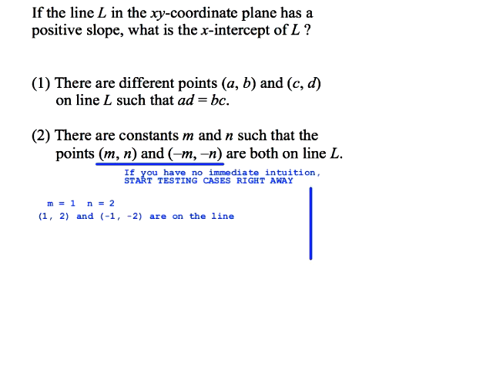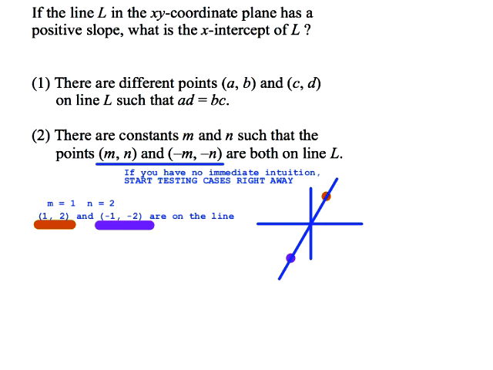If you just think about what that looks like, 1, 2 is going to be somewhere here. And then -1, -2. Yeah, it's multiples again. In this case, it's actually opposite. So this is just going to be the same thing, but in the opposite direction. And it's going to look like that.